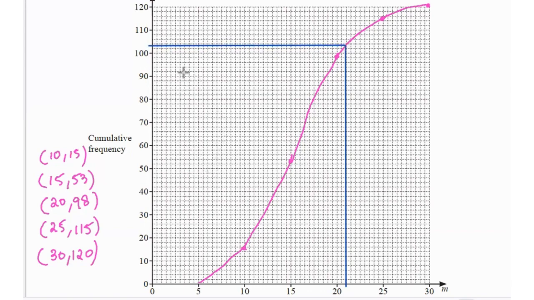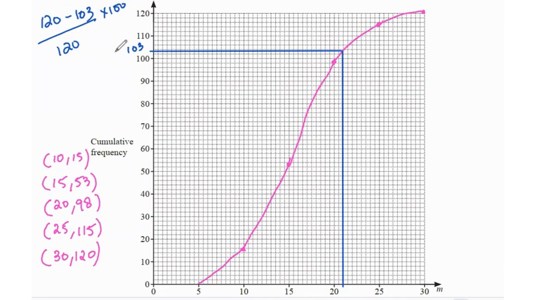So that's, I think, 103 for me. So we do 120 minus 103 divided by 120 times 100, which is going to give us 14.17%.